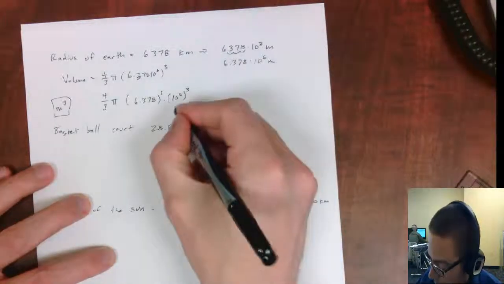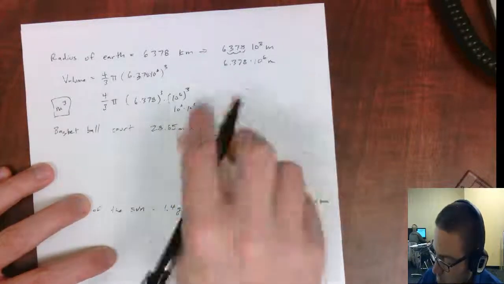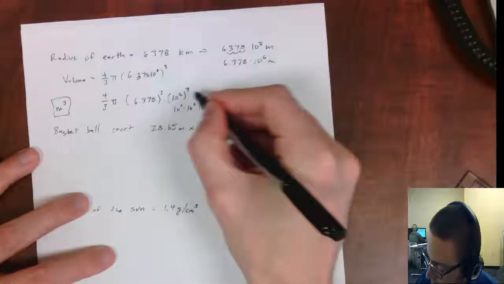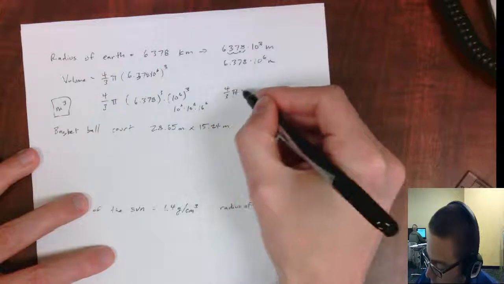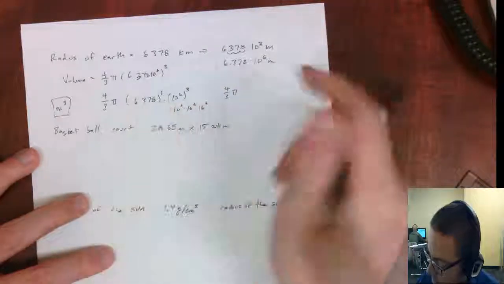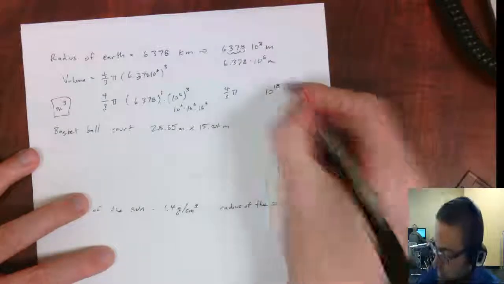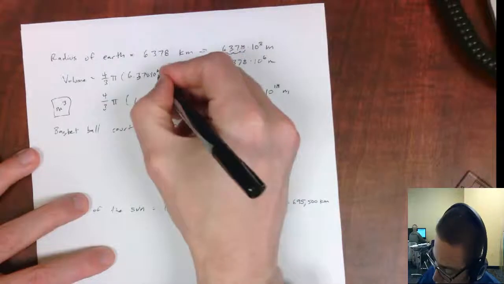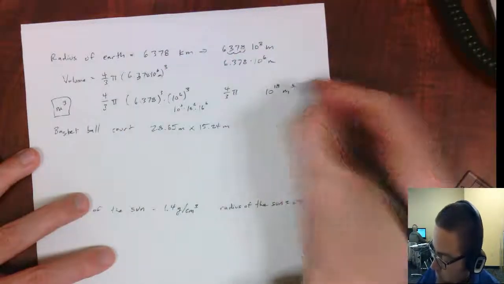This is the same as 10 to the 6th times 10 to the 6th times 10 to the 6th. So 6 times 3, which would be 18. Okay, so I'll probably have to get out my calculator here, but this is 4/3 pi, that I'll figure out on my calculator, times 10 to the 18th. Each of these is in meters, so this will be meters cubed as well. So I also cube the unit.